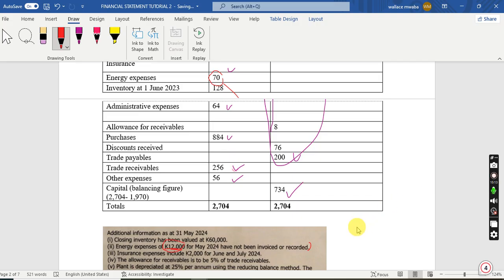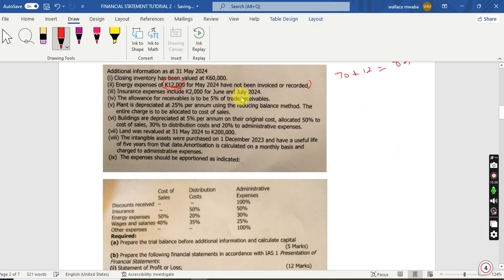So our energy expenses: 70,000 plus 12,000, you get 82,000. Before you apportion that energy expense, do not forget to include this one here.